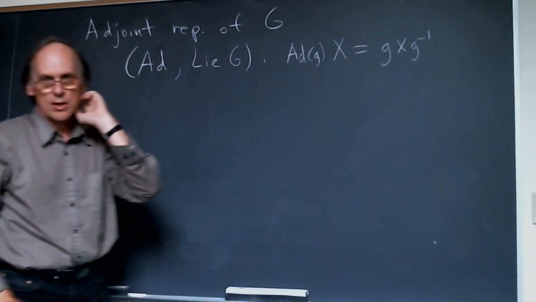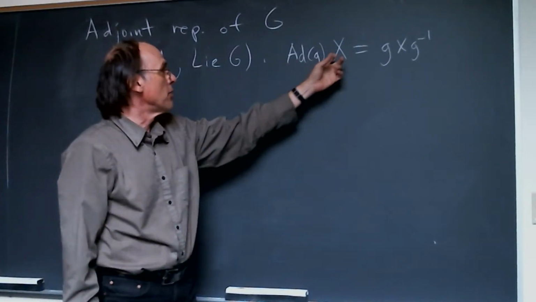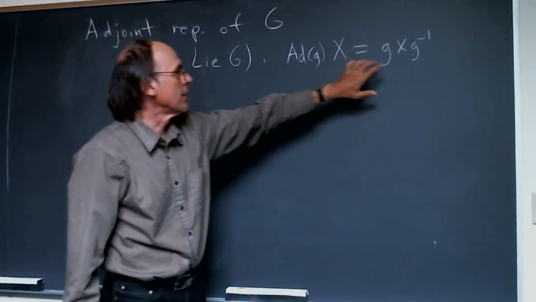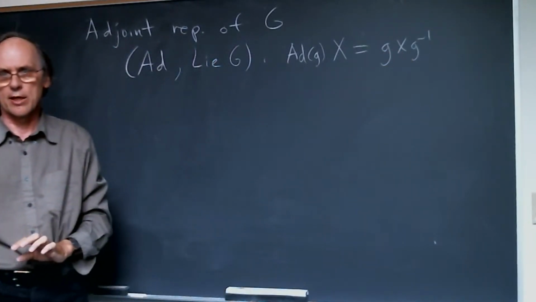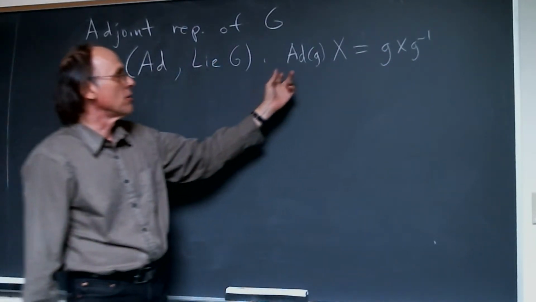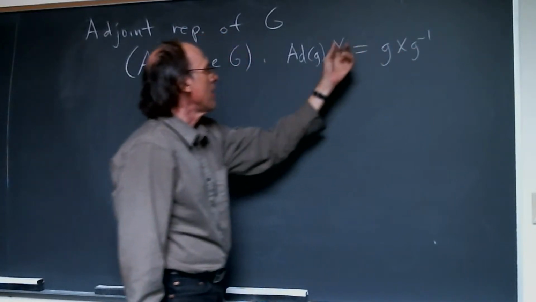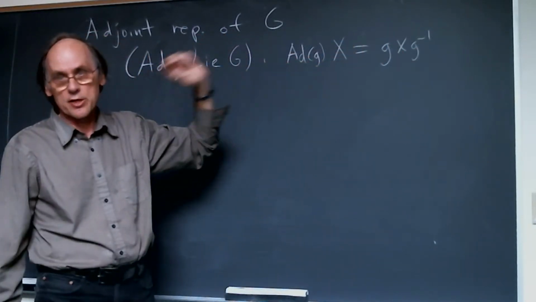So you can conjugate the algebra elements by group elements, and they'll stay in the Lie algebra, and this gives you a representation that's called the adjoint representation.